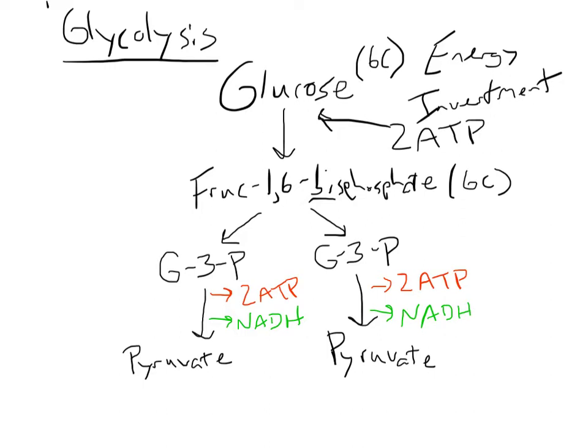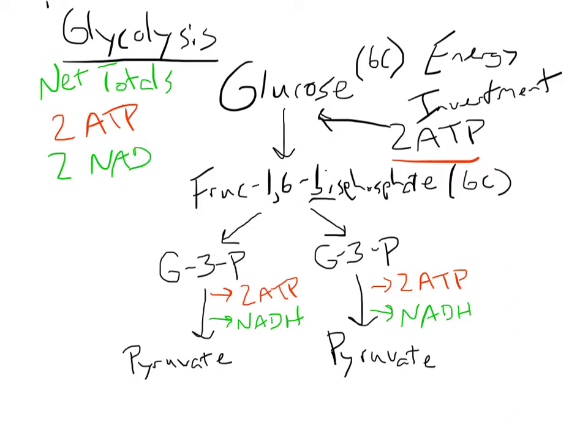So, for glycolysis, the net totals are going to be 2 ATP, because remember we made 4, but we spent 2 to start with, and then also 2 NADH. So that's what we've got so far from glycolysis.